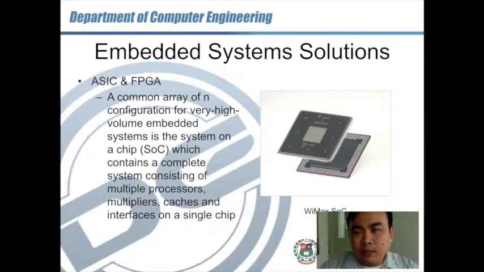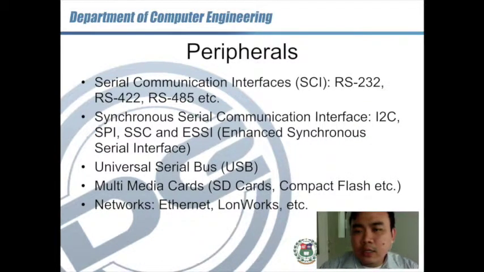Usually an embedded system is characterized by some of its peripherals, because without these peripherals, an embedded system would have only few capabilities. So we want to expand the capabilities of an embedded system, particularly in communication.